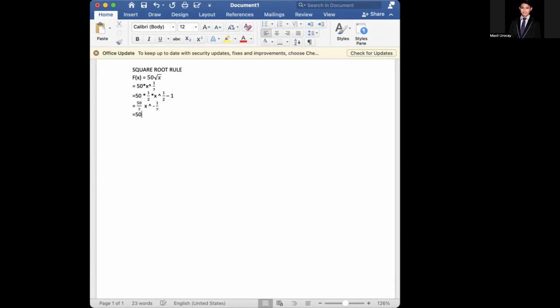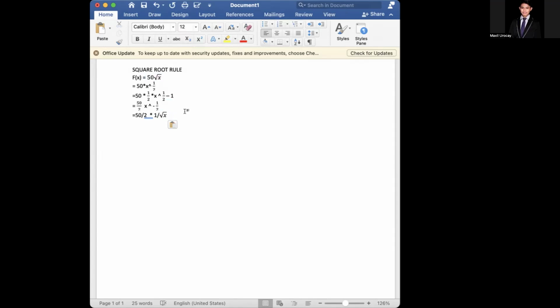So 50 over 2 multiplied into x as 1 over the square root of x.